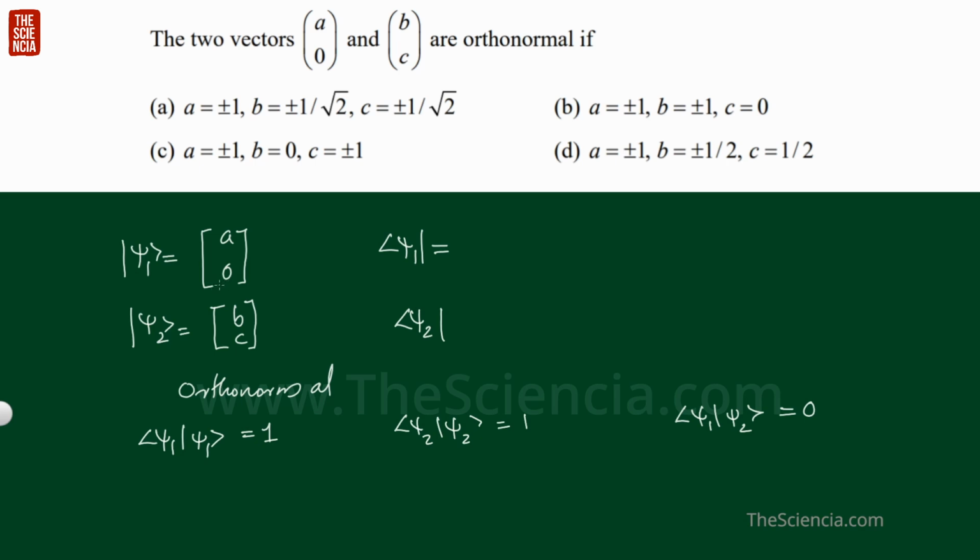Here the given function is a matrix. So when taking the complex conjugate of this matrix, we will get a row matrix, that is A0, and bra psi 2 will be BC. So generally ket vectors are represented by column matrices and bra vectors are represented by row matrices.